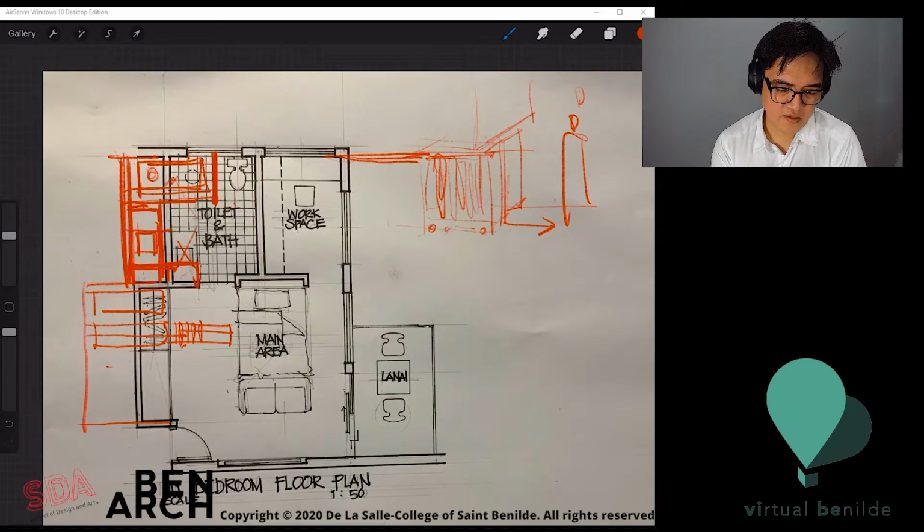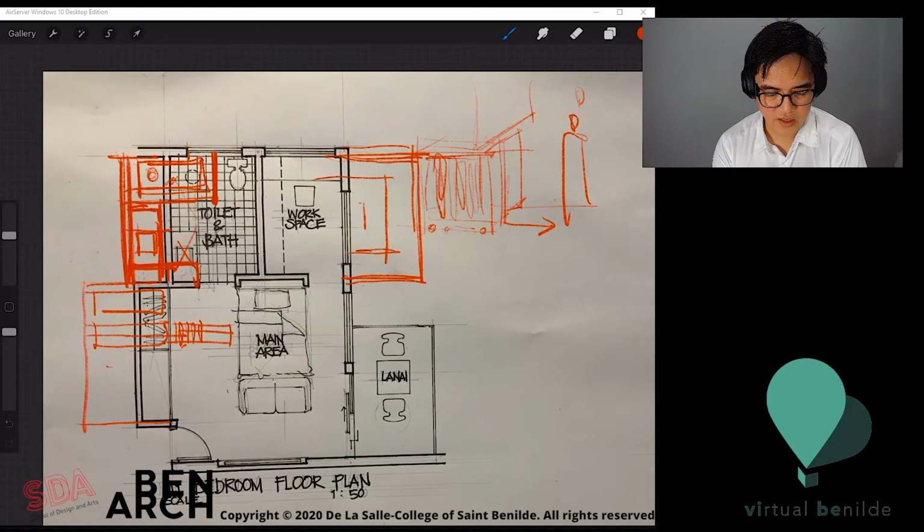Here I'm seeing that this space is too tight for a workspace. So I want to expand it a bit more. It becomes this larger counter space, and I could have two spaces: one for working on something, like a drafting table.